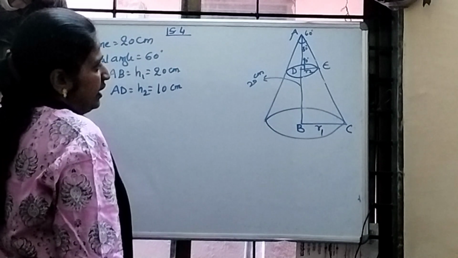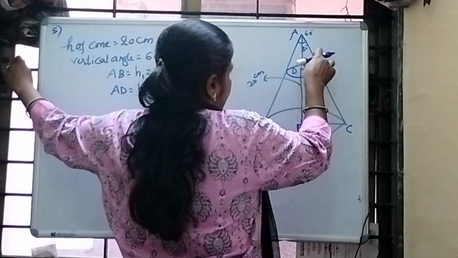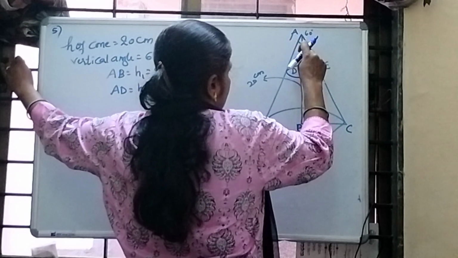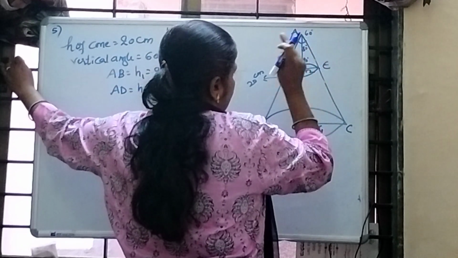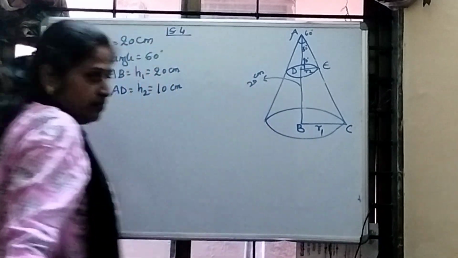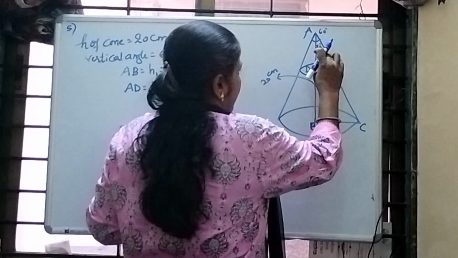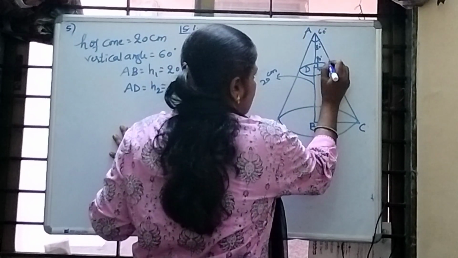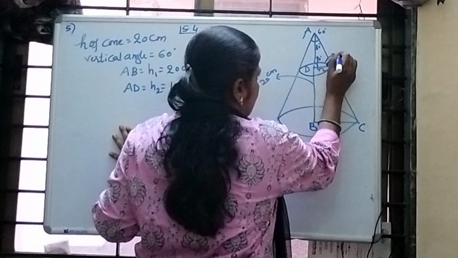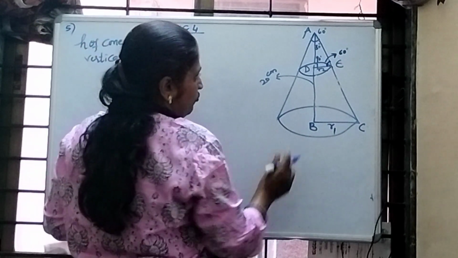We can find R2 now using tan theta. This angle is 60 degrees as I told you, so you can use tan 60 degrees to find R2.